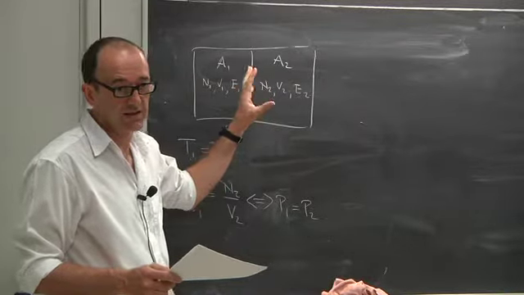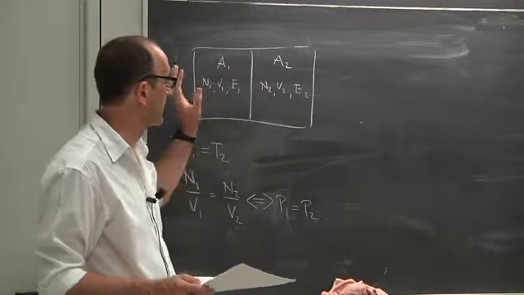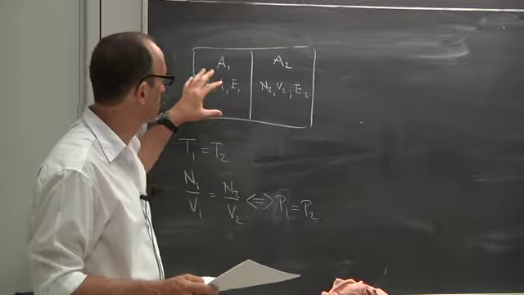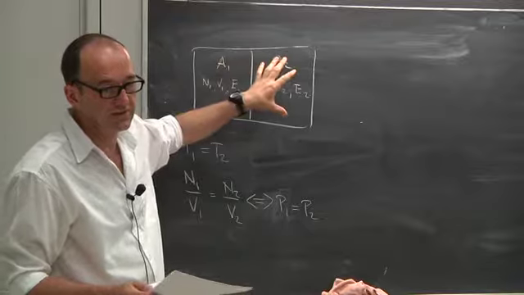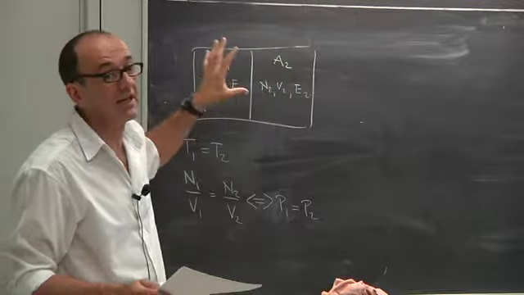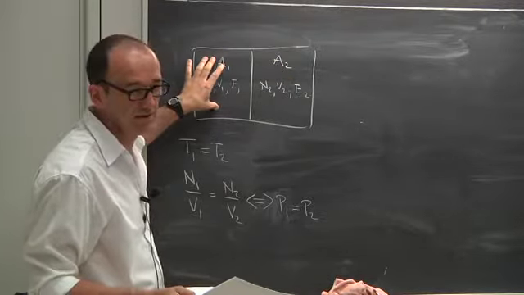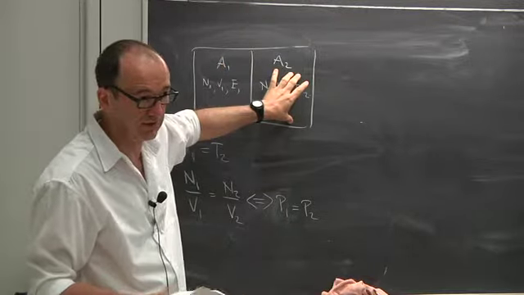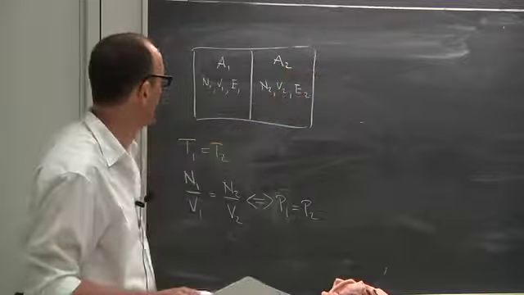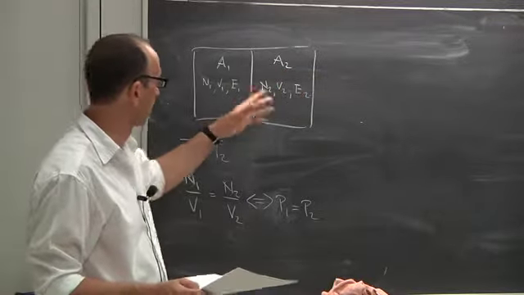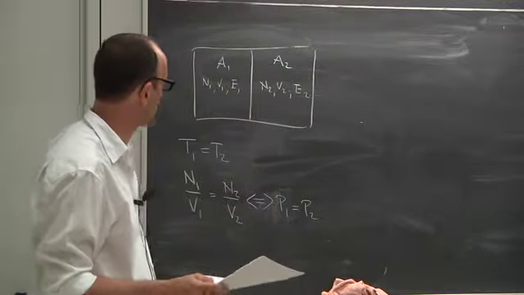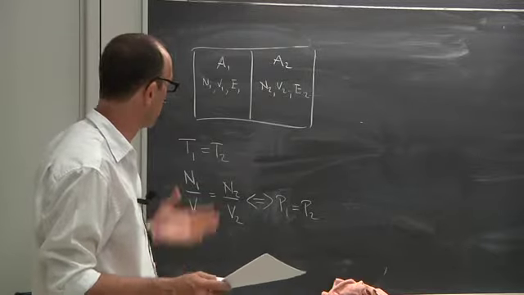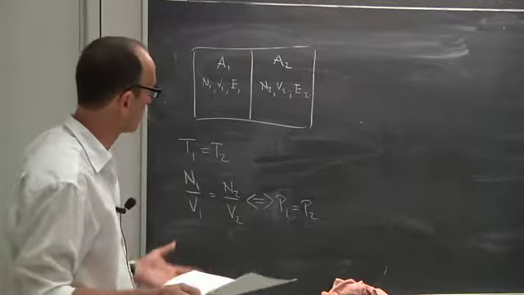If you take a configuration at random of the system, it will be very unlikely that you get all the particles of 1 on this side and all the particles of 2 on this side. Typically you will get them well mixed.